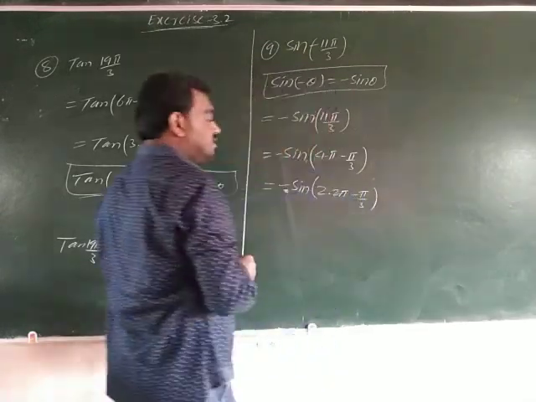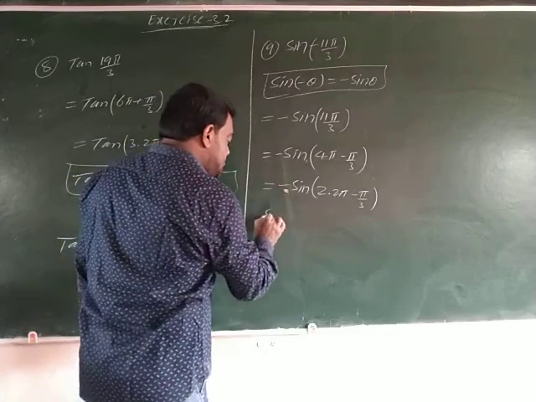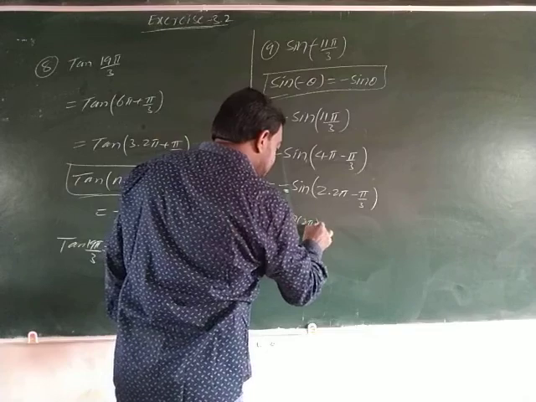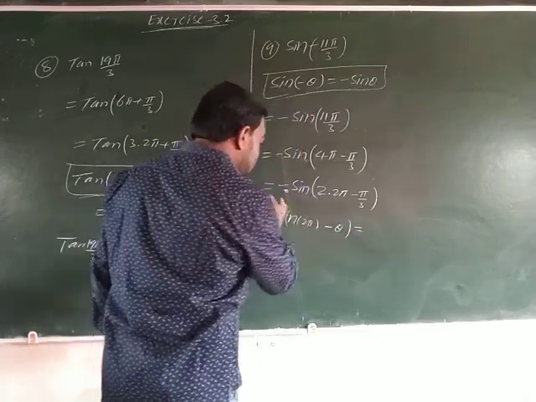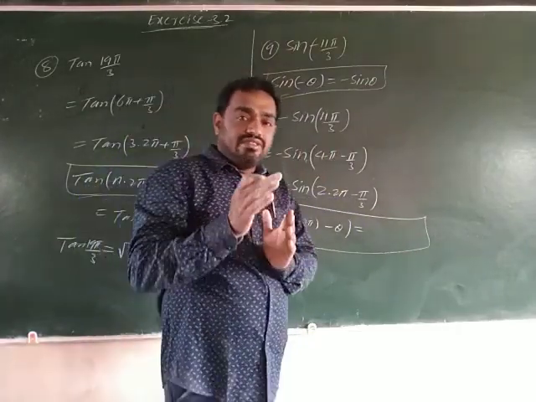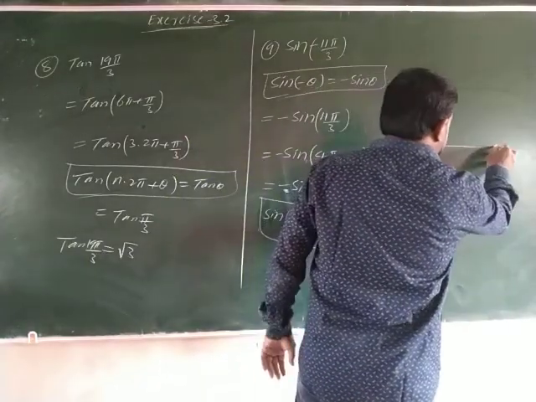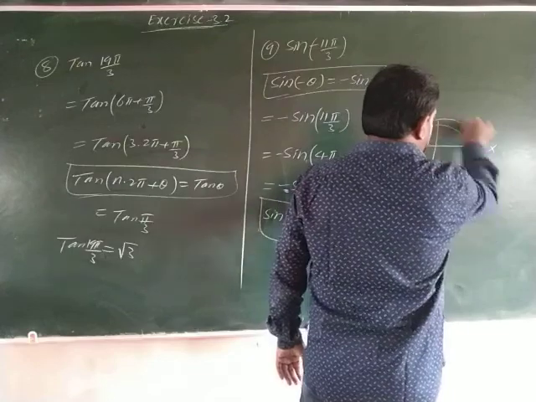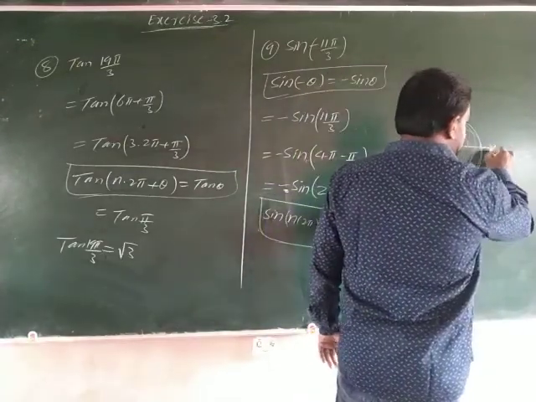This is in the form of sine of n into 2 pi minus theta. After one revolution, or any number of revolutions, the angle lies on the positive x-axis.